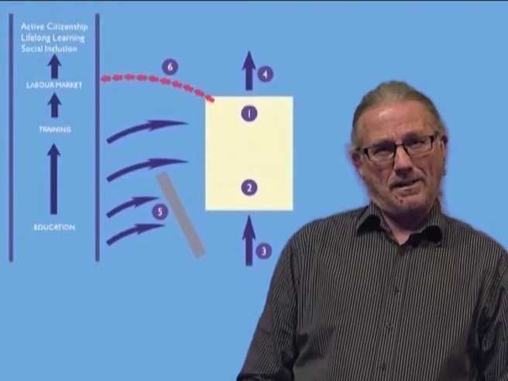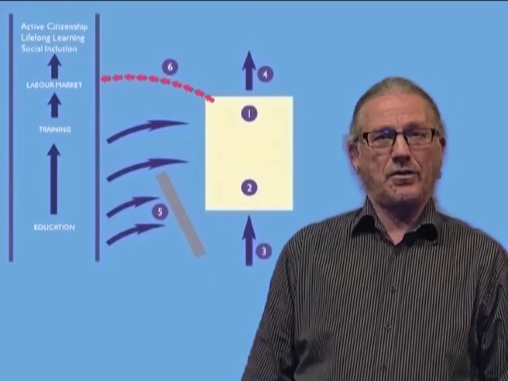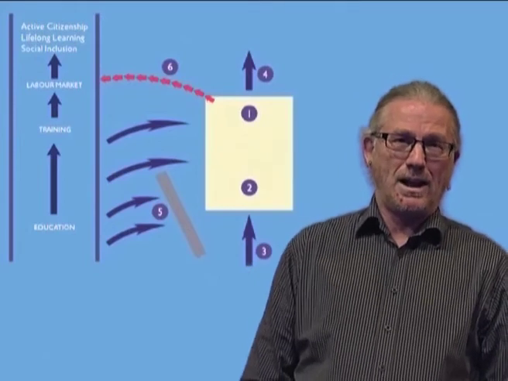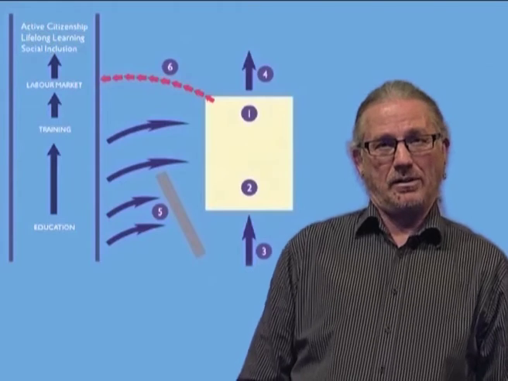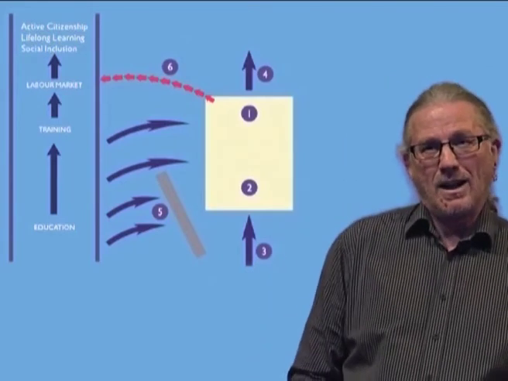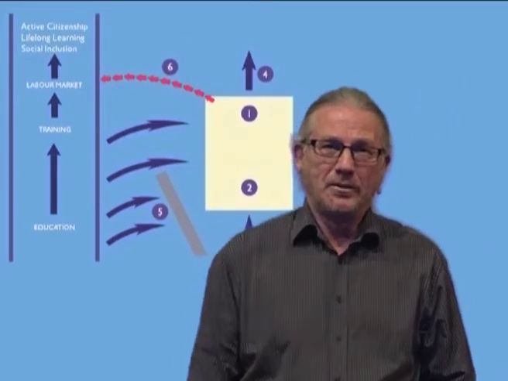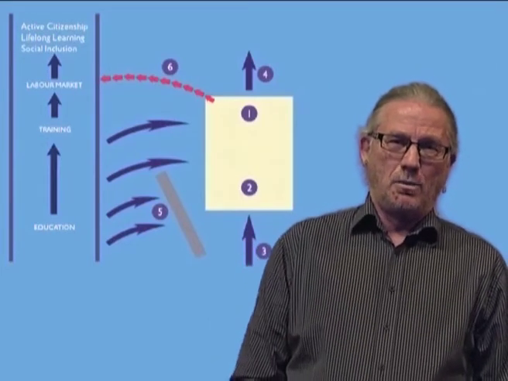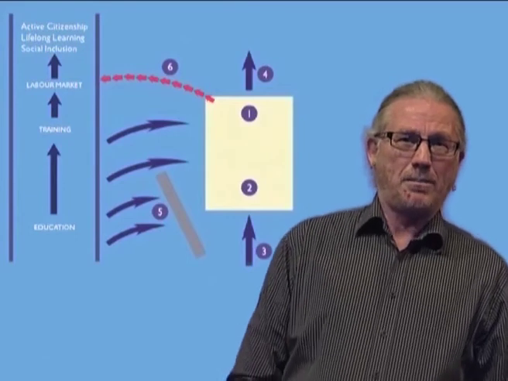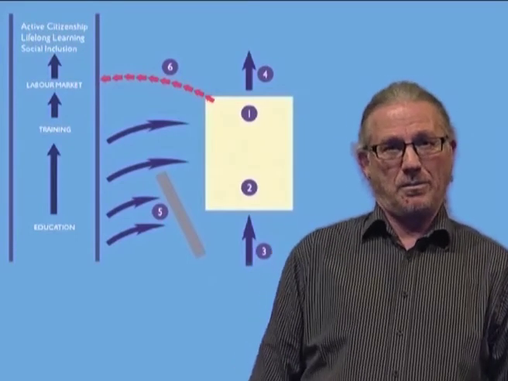The first pair of questions are really about the size of the problem and the different kinds of groups that might be within that particular challenge. For example, if we want to do something about substance misuse, how serious a problem is this? What is the scale of the problem? How many young people have problematic substance misuse?